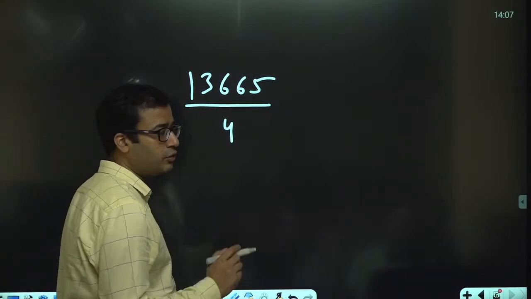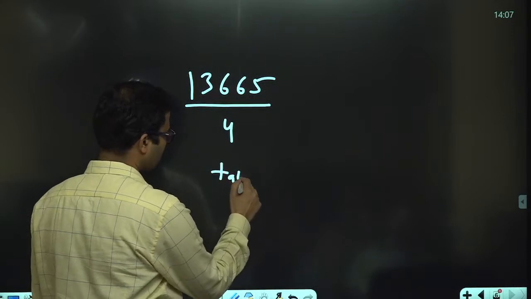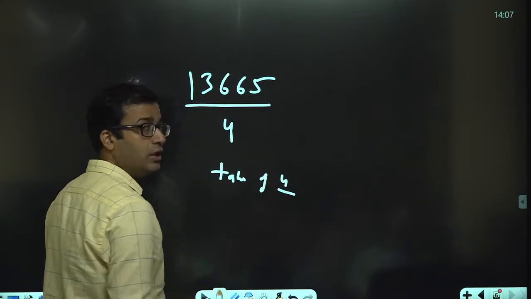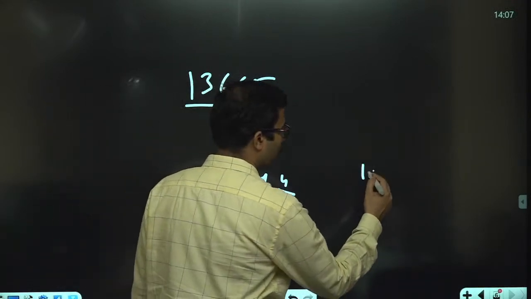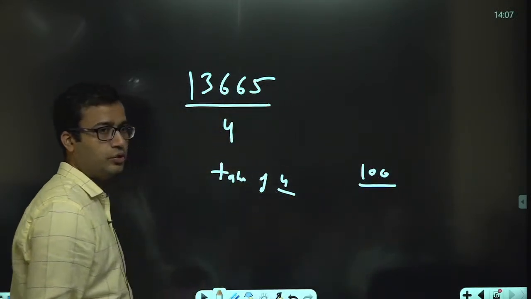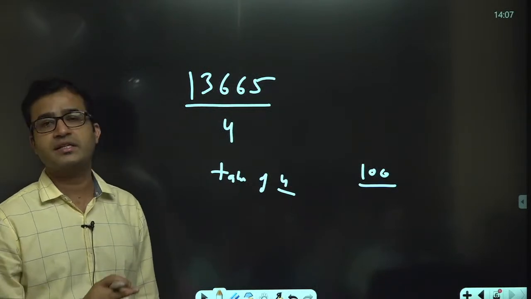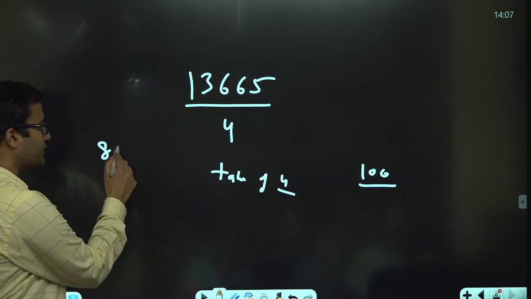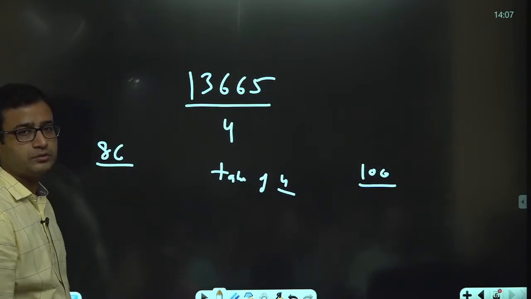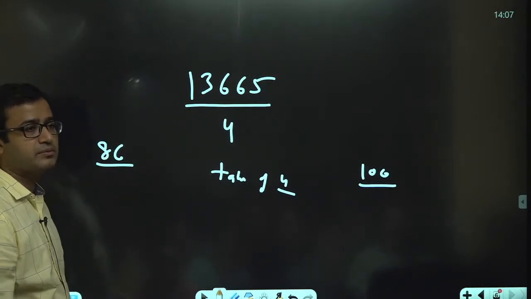And I recommend you mug up the table of 4. I know all of you know the table of 4 up to 40, but my point is you should mug up to 100. You should know whether 76 is a multiple of 4, yes or not. If I ask whether 86 is a multiple of 4, sometimes some students say yes by mistake.